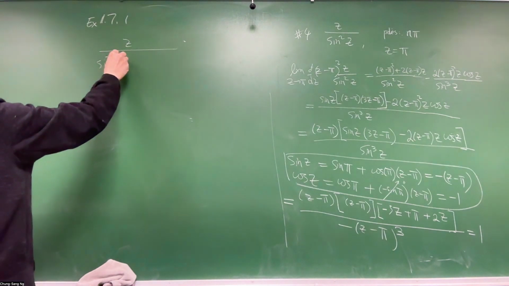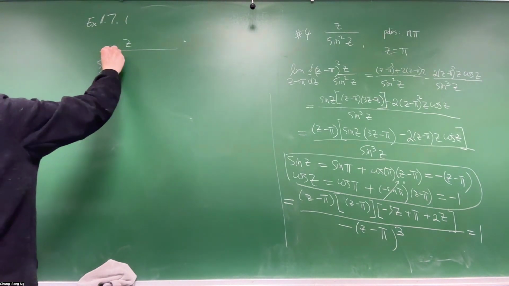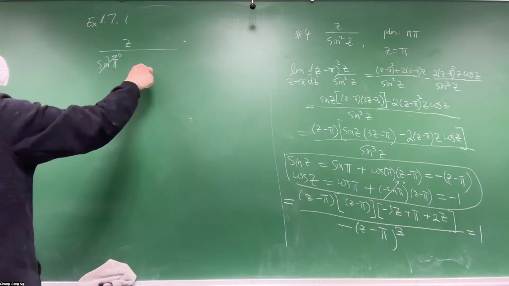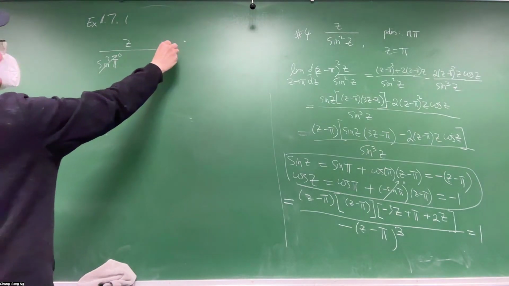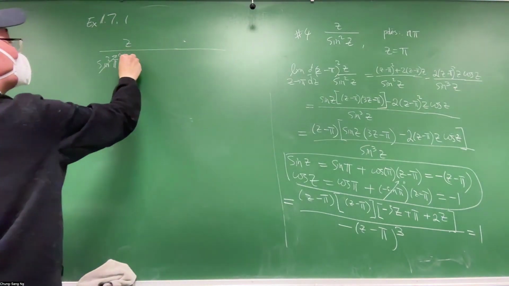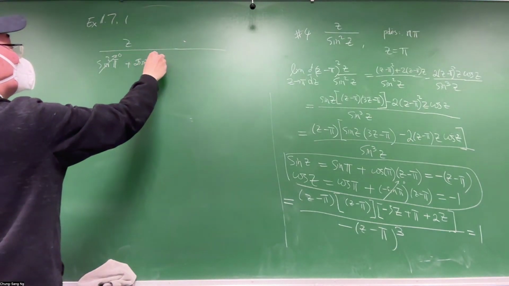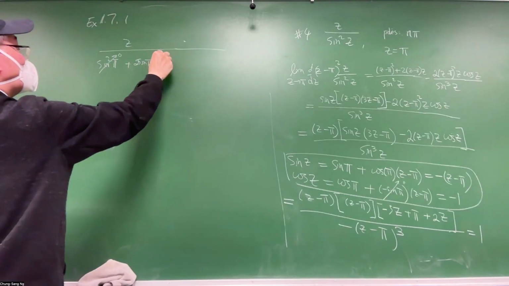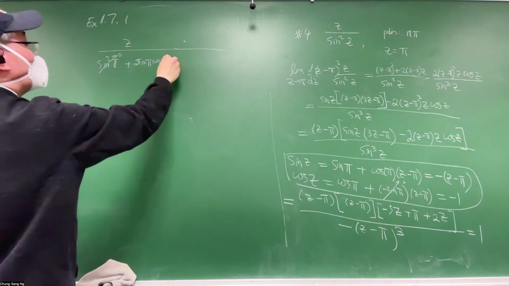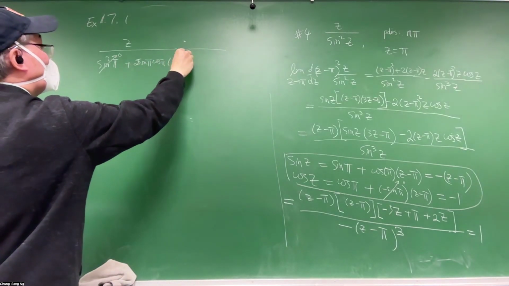So sine square z at pi is 0, and the first derivative is two sine pi cosine pi, which is also 0, times (c minus pi).